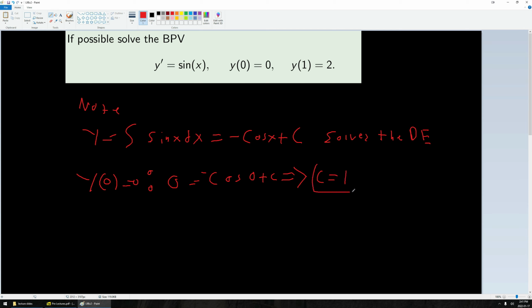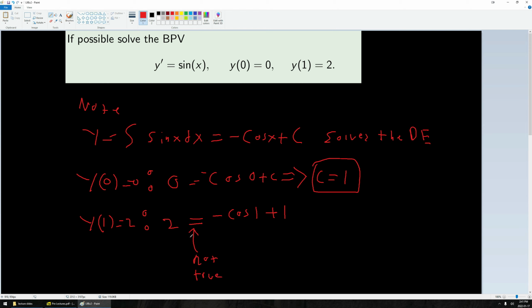Okay, so now if I take this, plug it in here, and try to solve for y of 1 equal to 2, what do I get in this case? Well, here I would get 2 has to be equal to negative cosine of 1 plus 1. This is not true.